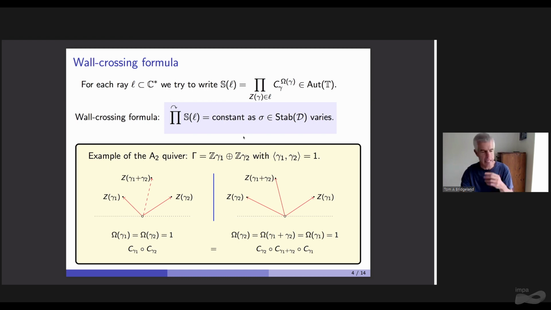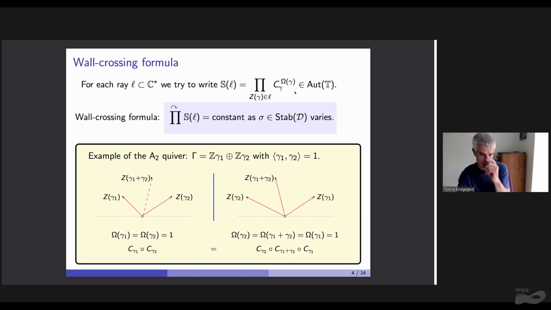Basically, instead of thinking about automorphisms of C star to the n, or what would be the same as automorphisms of Laurent polynomials, you think about automorphisms of a formal power series ring. And you can make sense of the wall crossing formula like that. But later, these sorts of issues absolutely are important, and they can't just be swept under the rug.